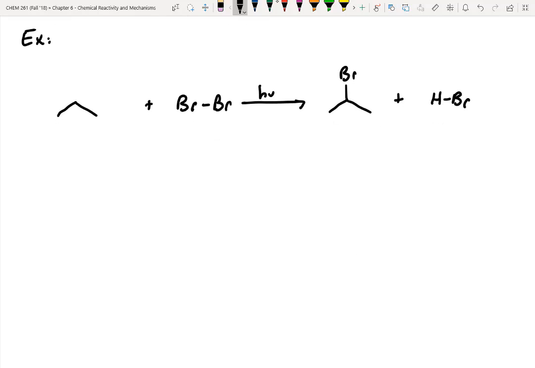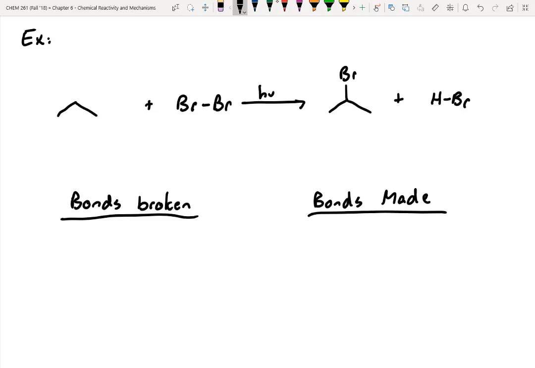On the left-hand side, I'm going to make a list of bonds broken, and over here, I'm going to put bonds made. Let's try to come up with a good list. Let's start with bonds broken.